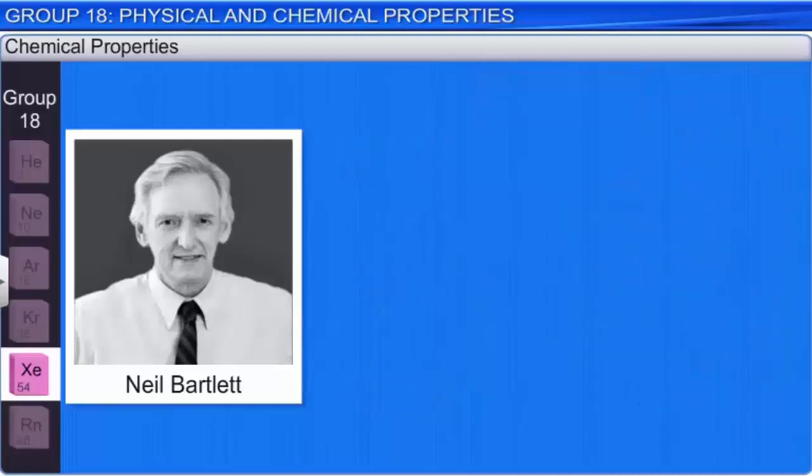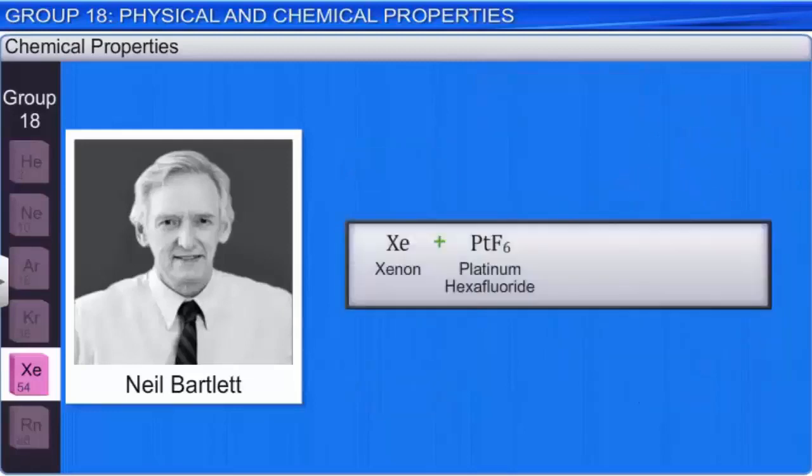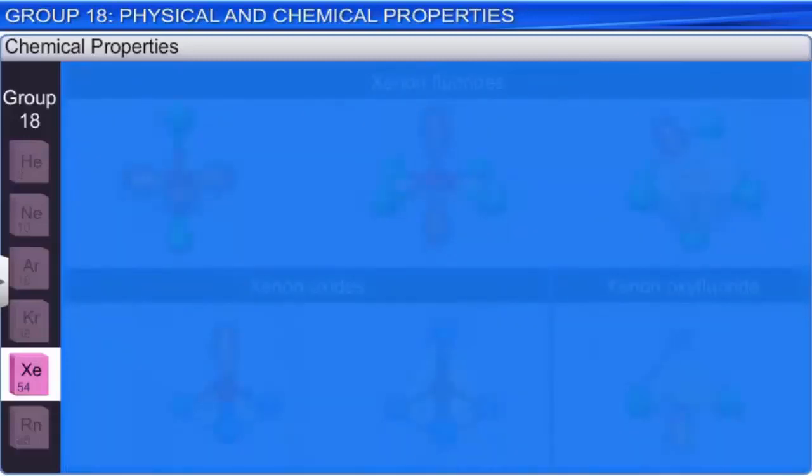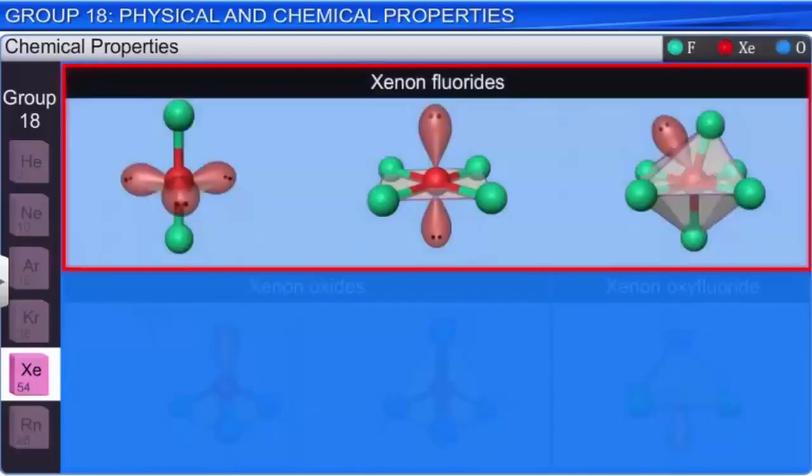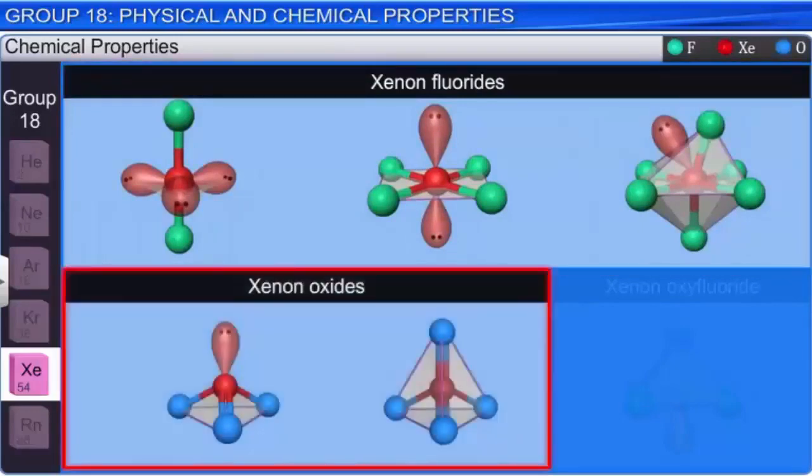He was the first to prepare a compound of xenon called xenon hexafluoridoplatinate(V). Later, many compounds of xenon were synthesized, including fluorides, oxides, and oxyfluorides.